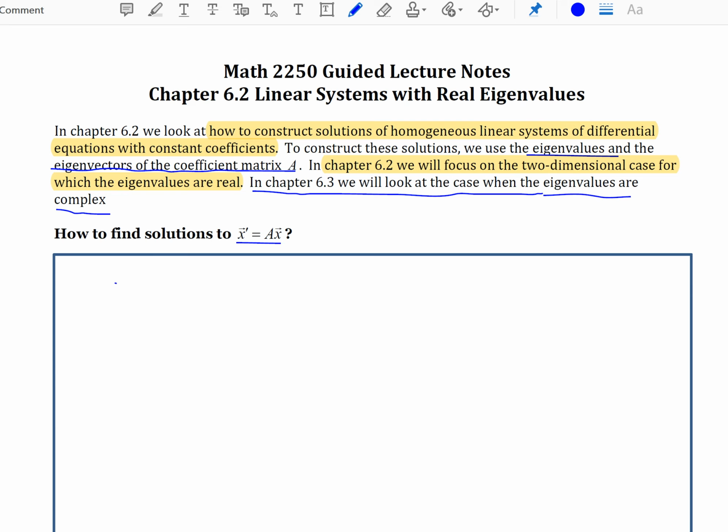We will build our solutions by guessing, that they're of the form vector x equals e to the lambda t v.